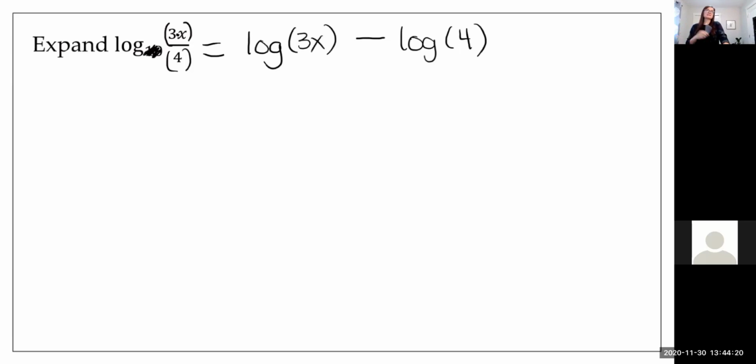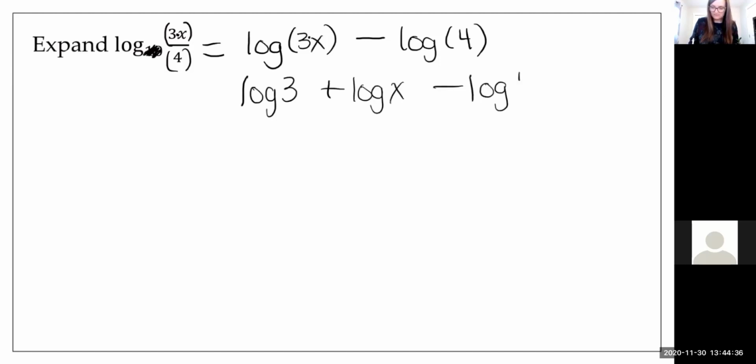We're not done yet expanding because there's still a multiplication. If there was an addition or subtraction, we couldn't do anything more inside. But because there's a multiplication, that can be log 3 plus log x minus log 4. And that's as good as we could get.